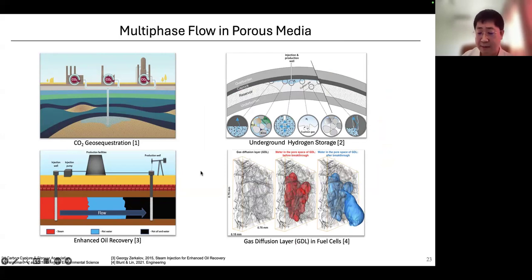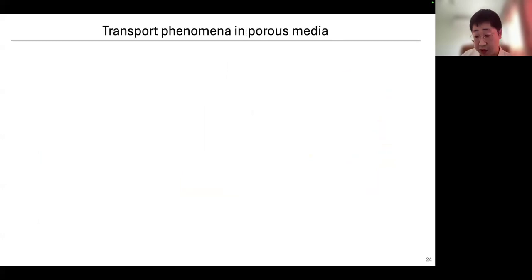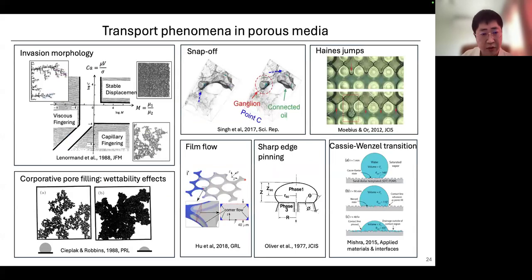And fundamentally, there are very rich physical mechanisms at the micro scale. So I just quickly run over this. Depending on the ratio of those two fluids or the capillary number, which is the ratio of viscous to surface tension forces, you may have very different invasion morphologies, as well as the influence of contact angles, snap-off events, film flow, where if you have a wetting solid, then the liquid tends to preferentially wet the corners of the flow.